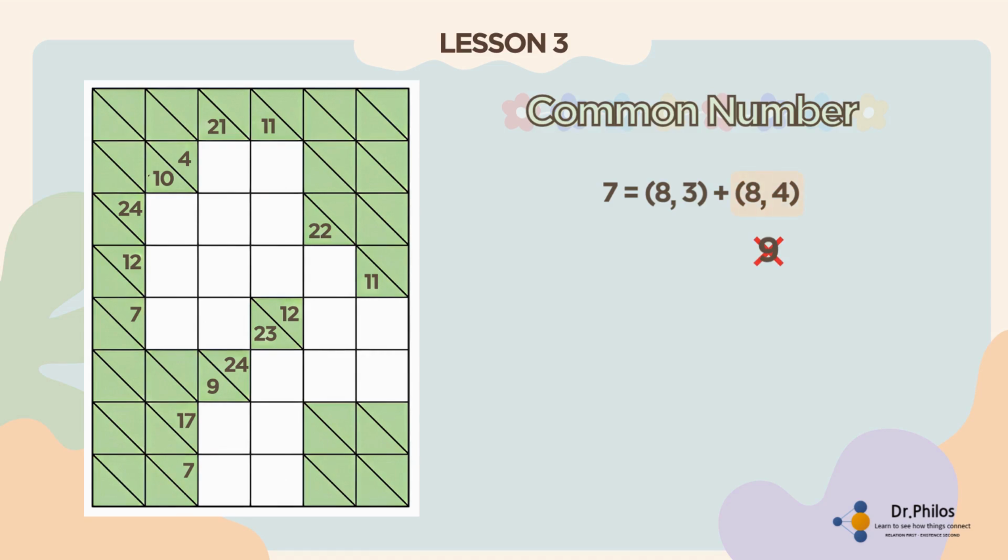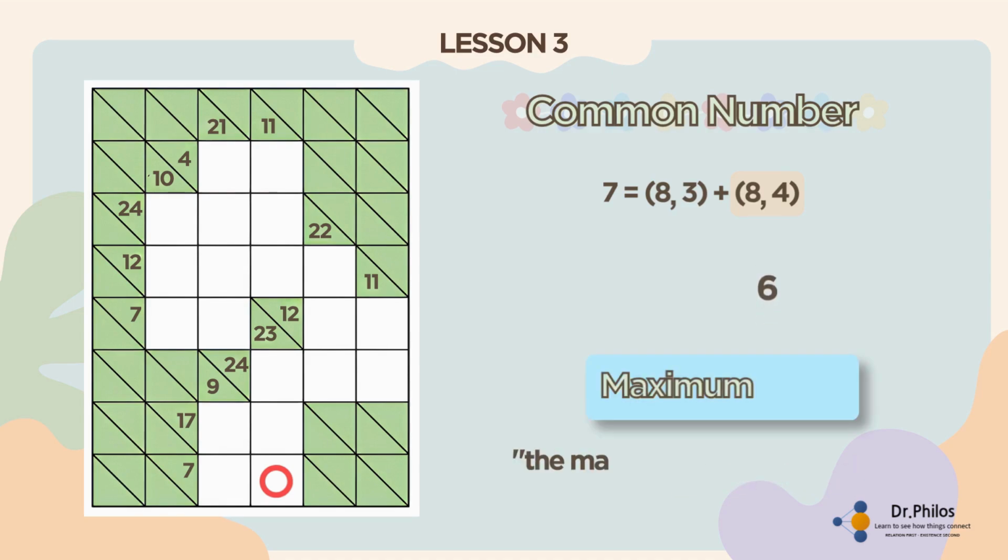Then what is the biggest number that can go into 8, 4? 8 doesn't work, and 7 doesn't work either, because 8, 3 can't be 0. So it's 6. That works because 8, 3 becomes 1. A number bigger than 6 cannot go into 8, 4. Let's call that the maximum value for 8, 4 is 6.